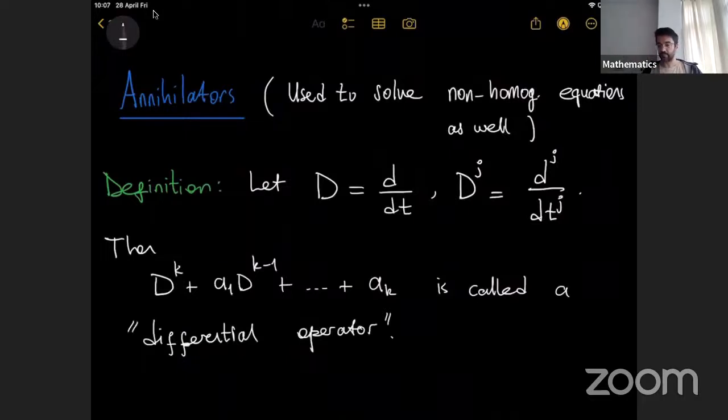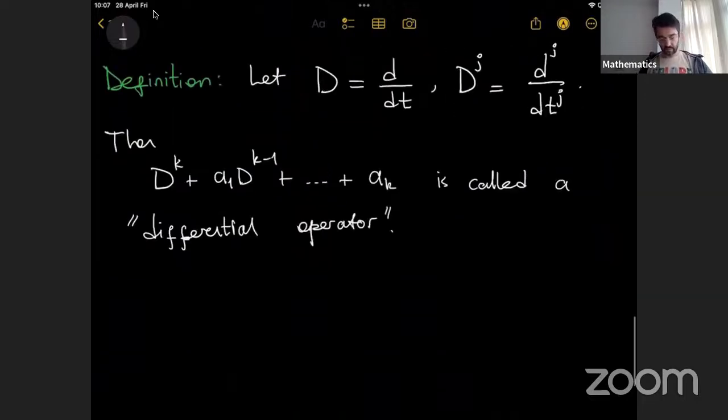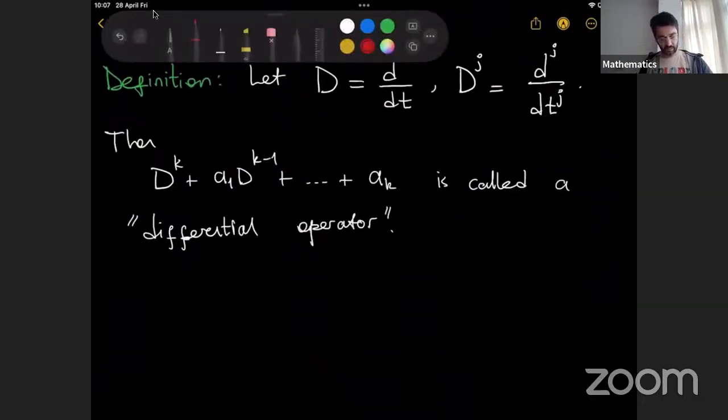Okay. Well, why do we do this? Because we want to write the differential equation in a simple form using this differential operator. Okay. So for instance, let's write this as a remark.